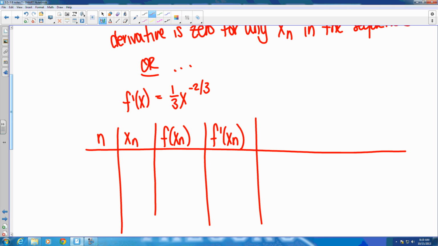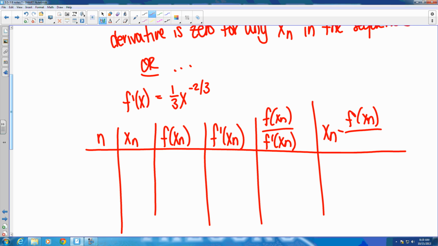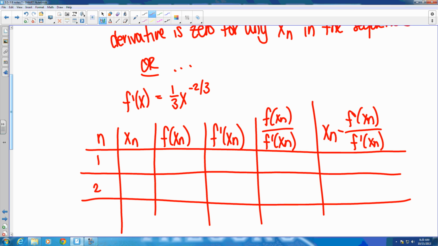Divide those two, and our final column. Okay, not sure how many we're going to do. I just want to illustrate something to you. So for our first guess, we're going to use 1/10.